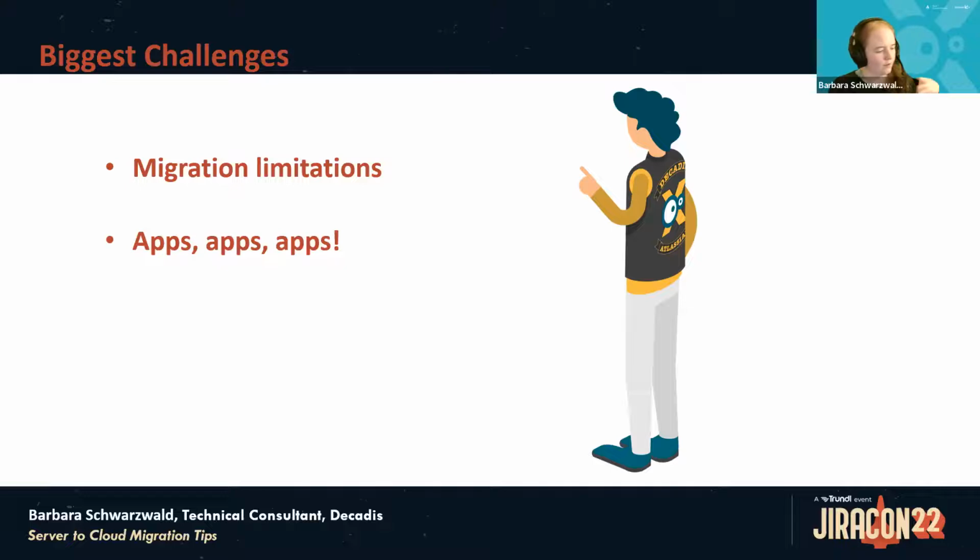So basically going through your list of apps, checking how they're used and how they work in the cloud, that's probably the part of the migration where you have to plan the most time for, especially if you have a lot of apps. But luckily, most app vendors provide migration paths and guides to help you along with that.